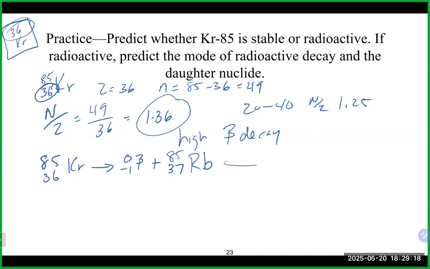Once again, if we look at the ratio of what was just made, we have 37 and 85 minus 37 is 48. Divided by 37 gives us a ratio, we'll call it 1.30. Not perfect, but it is, again, moving in the correct direction. It's moving towards that 1.25. And that, again, is sort of the goal of this reaction here.